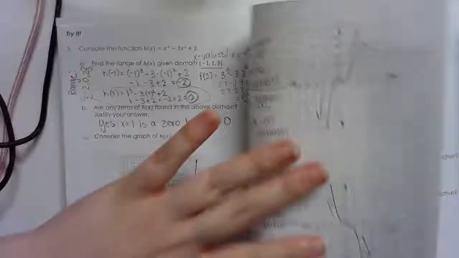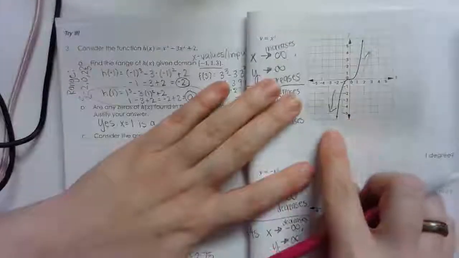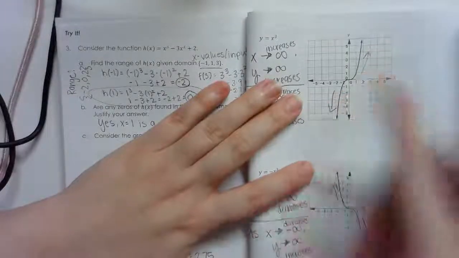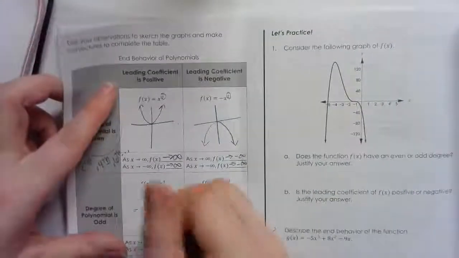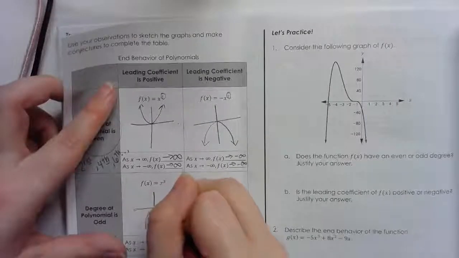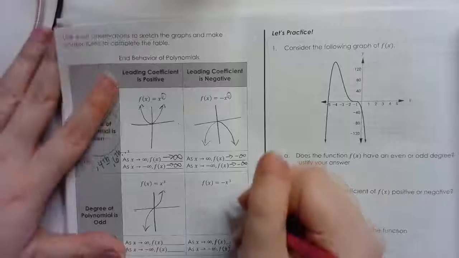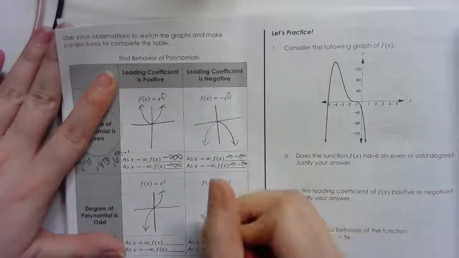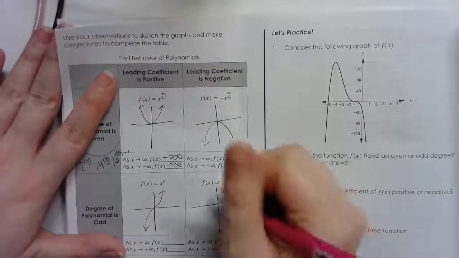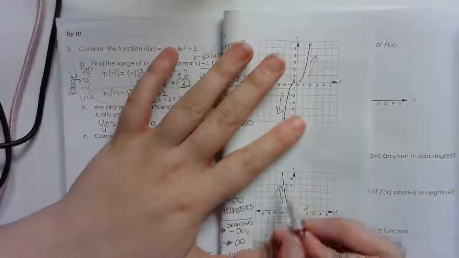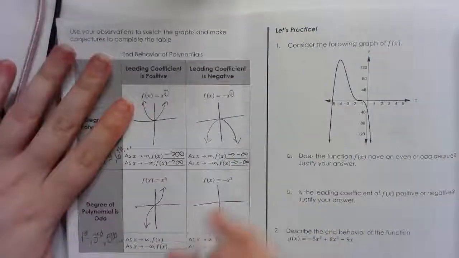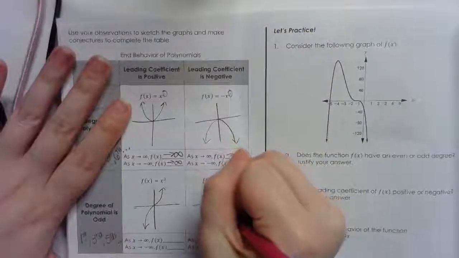So let's look back. This was my y equals x to the third, starts down and goes up in a curve like that. And then my f of x equals negative x to the third, while we're here, is opposite. It started up and went down, so like this.